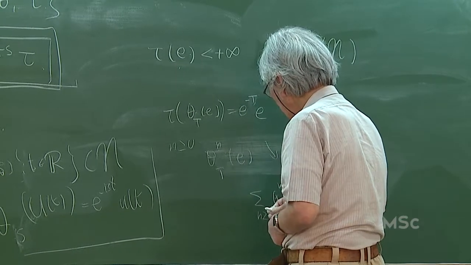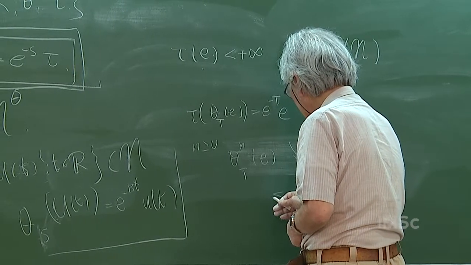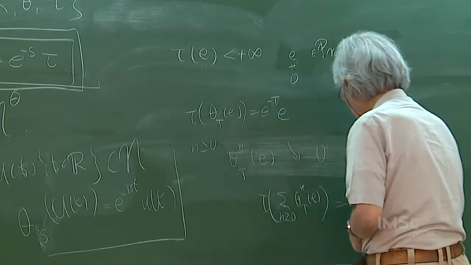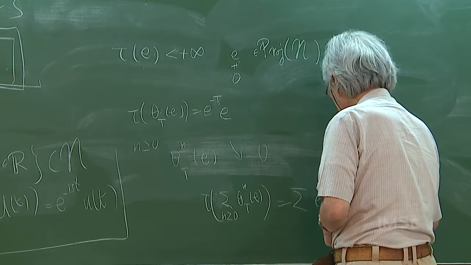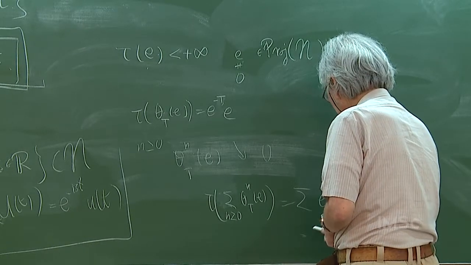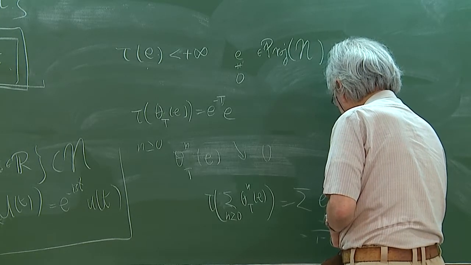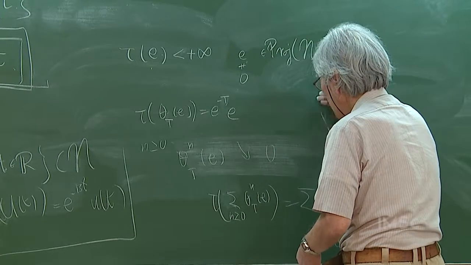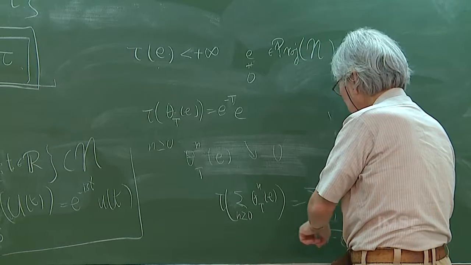The trace of this one is, if you look at this, the summation of tau, that's the summation of e to the n t times tau v, which is 1 minus e to the t, v minus t of tau v. This means that this is definitely smaller than that.